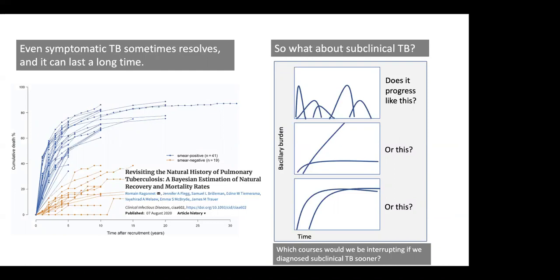I don't know the details of those studies, and it would be interesting because some of them might have resolved and some were persistent, but it looks like 60% lived 15 years or more. That's a long time to live with smear negative TB, which Marcel will tell you is contagious.